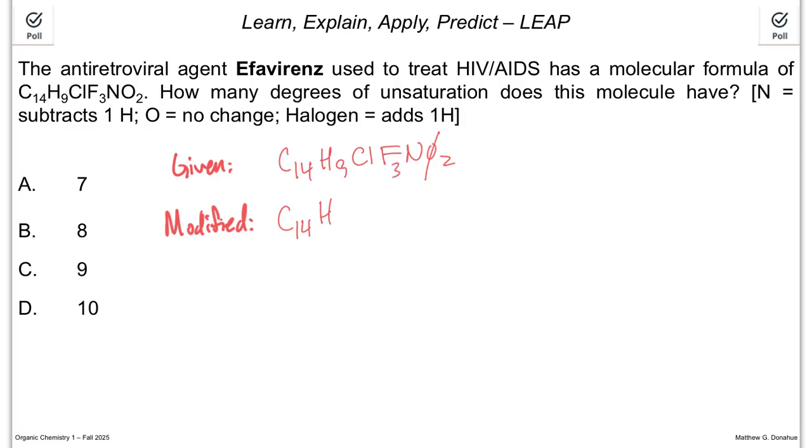Missing a 3 here. So the modified should be C14H12. So if H9, we subtract off the nitrogen, that's H8, then we add 4 back in, so that gets us H12. So N is equal to 14.